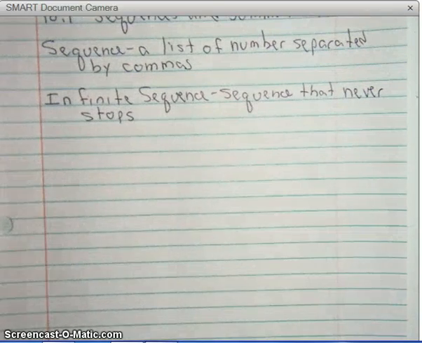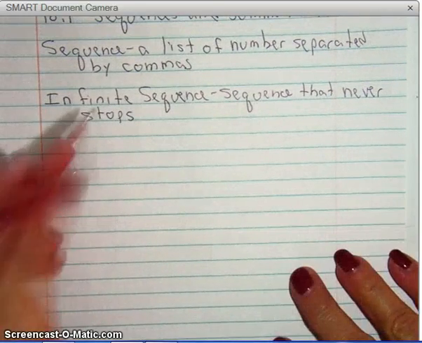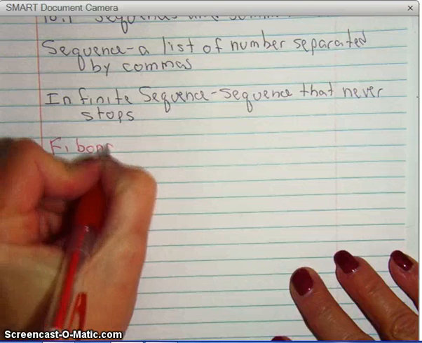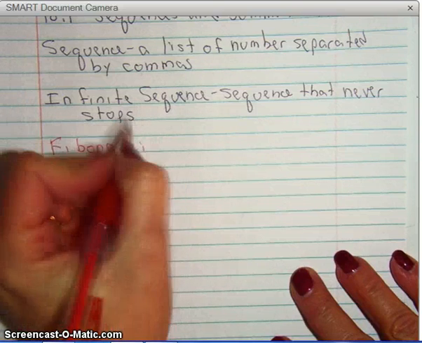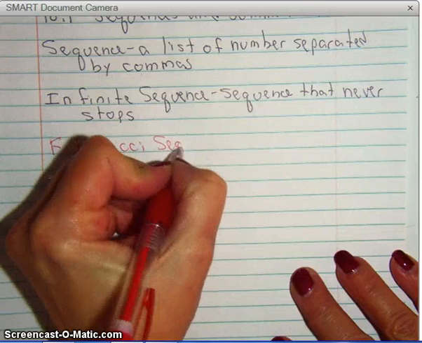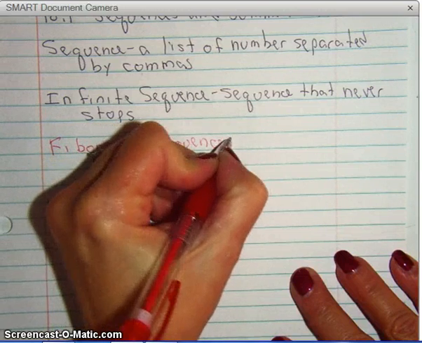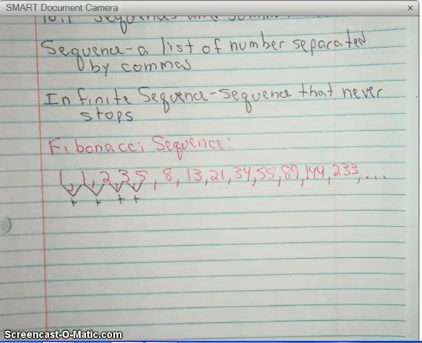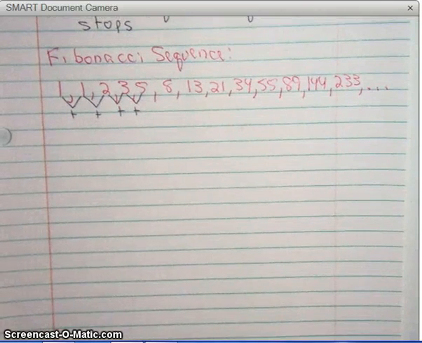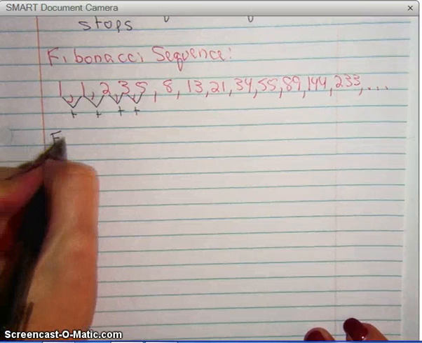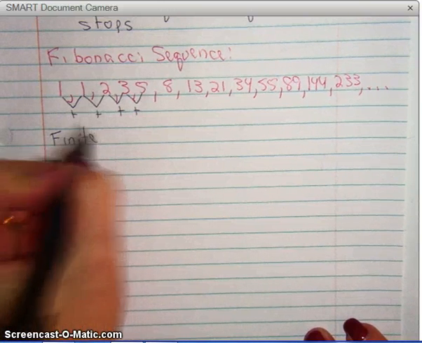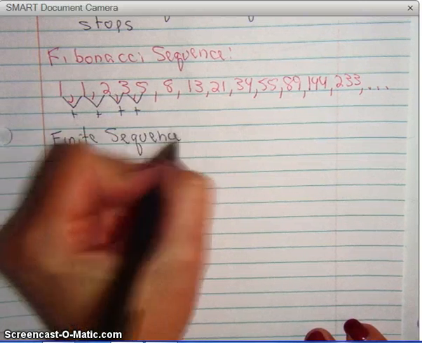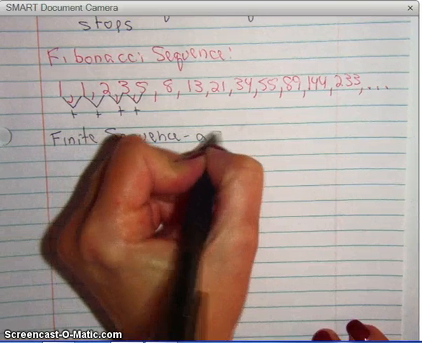So let me give you an example of an infinite sequence. It's called the Fibonacci sequence. Okay, so a finite sequence is a sequence that stops.